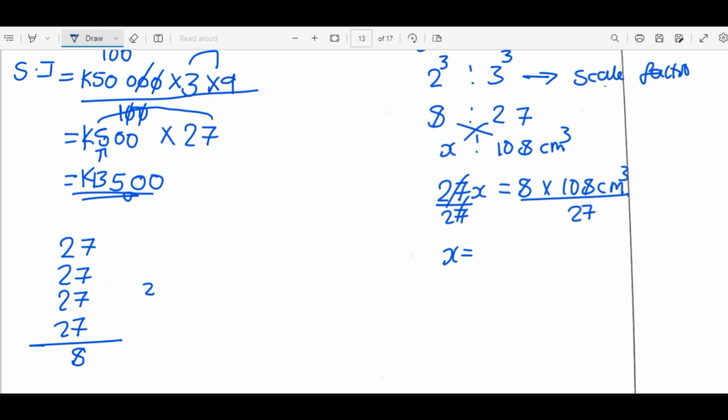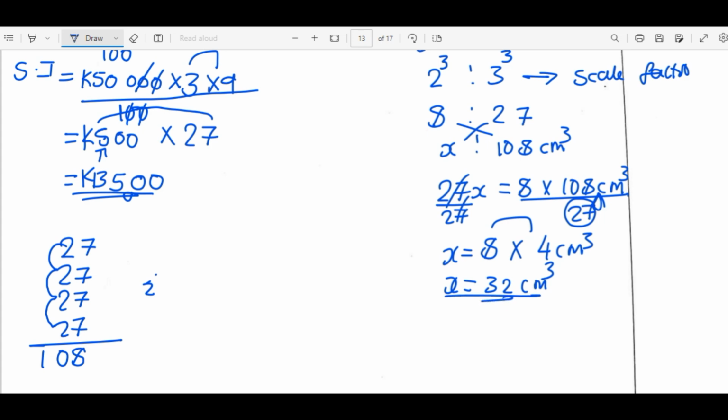We keep the 2. 2 plus 2 is 4, plus 2 is 6, plus 2 is 8, plus 2 is 10, which is 108. So 27 can go into 108 4 times. So it's 4 centimeters cubed. Then our final answer is just 8 times 4, which is 32 centimeters cubed.